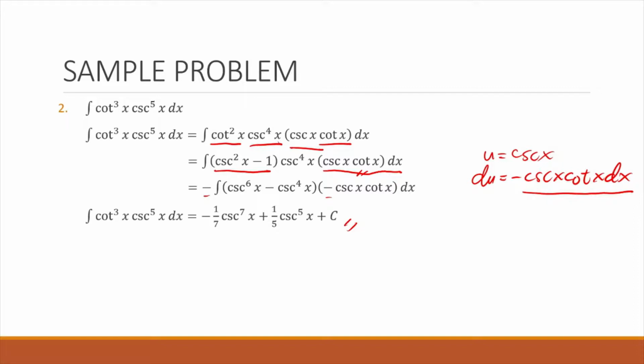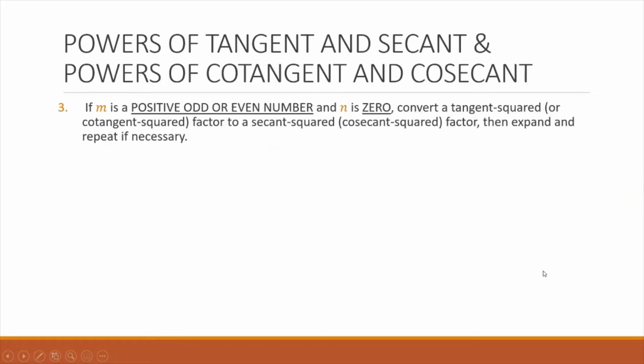So number 3, we have here, if m, or the power of tangent or the power of cotangent, is a positive odd or even number, and if n, or the power of secant or power of cosecant, is 0, meaning all we see is tangent raised to a certain power or cotangent raised to a certain power, then it's case number 3.